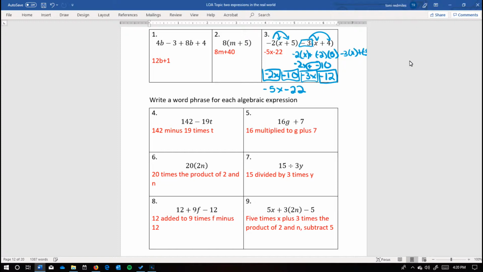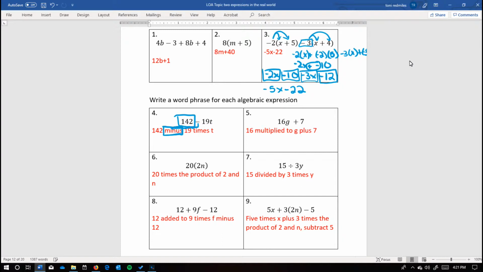All right, so in 4 through 9, your answers might vary because basically you just need to be able to identify the operation going on and use a word from your word list that means that operation. So in this one, it should be 142, some word to mean minus. So the words that I put in the box, you could use a different word for.